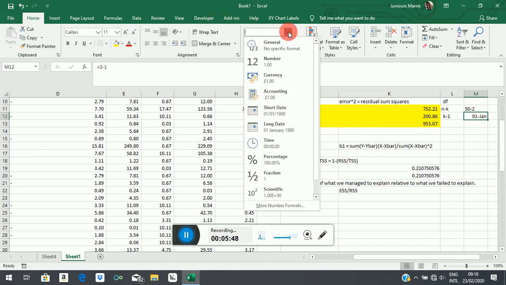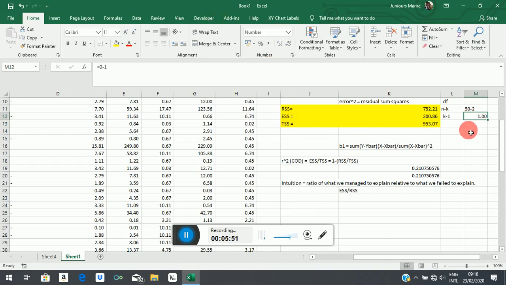So let's do the same here. 50 minus 2, which is 48. Now here we have used the data.